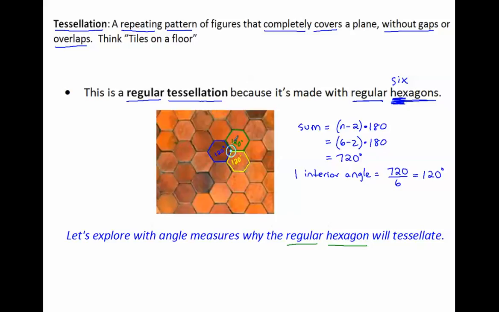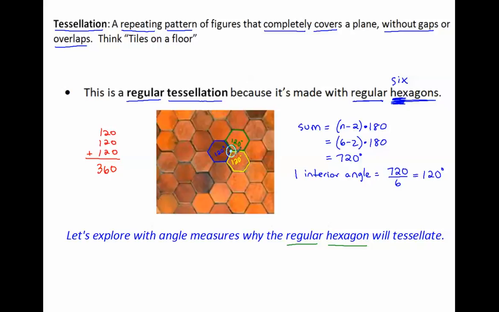That's making a circle centered at that point where all three hexagons are adjacent to each other, where they touch. Well, what is 120, 120, 120 all put together? If we add those adjacent angles, it makes 360. Why? Because to go all the way around a circle is 360 degrees.